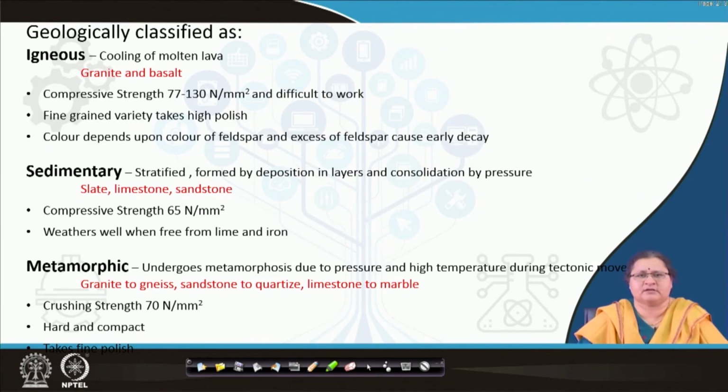Sedimentary rocks, as you understood, accumulate due to weathering, are carried out, and accumulate in strata. So, they are stratified, formed over a period of time, and they are deposited layer after layer, and they become consolidated by the pressure.